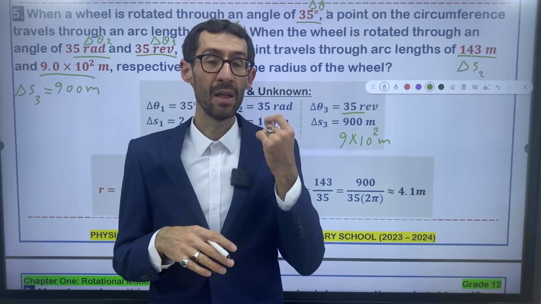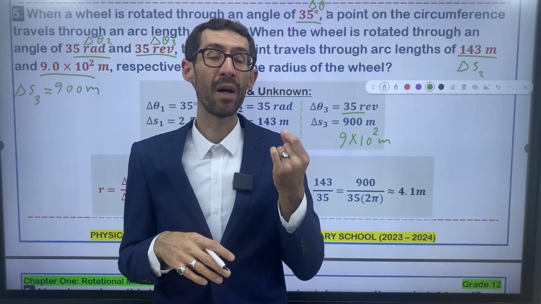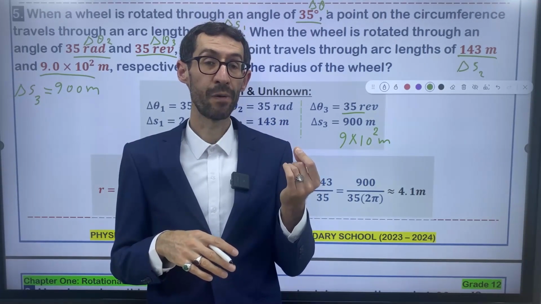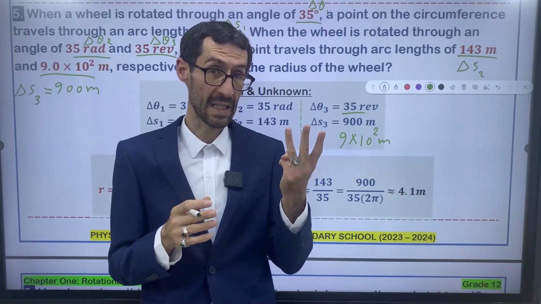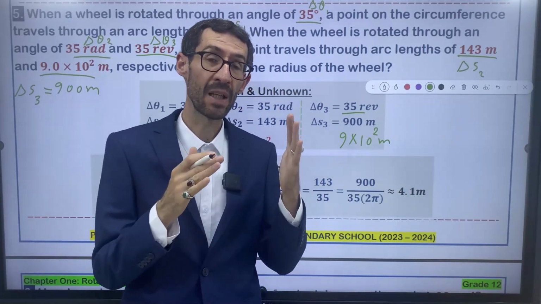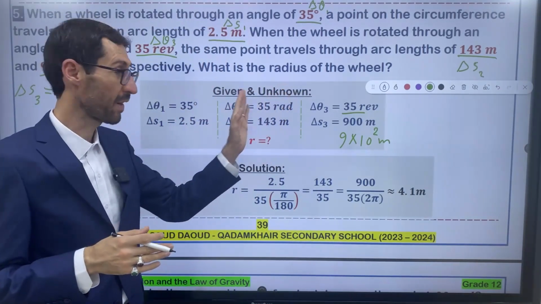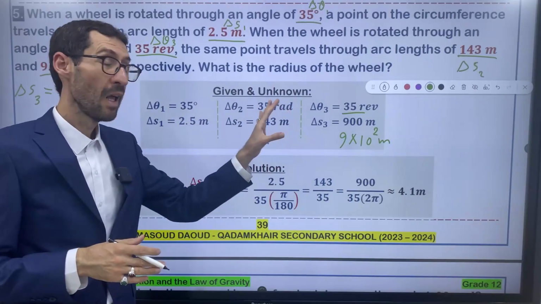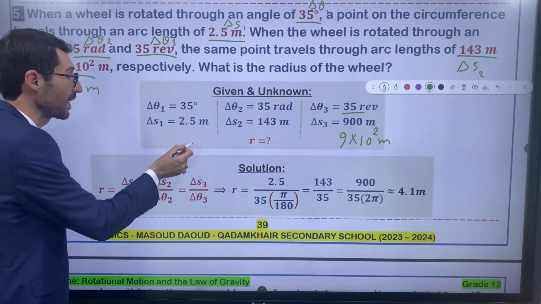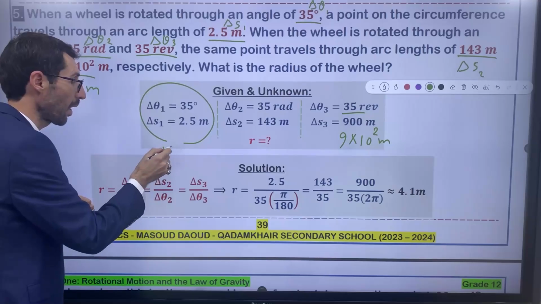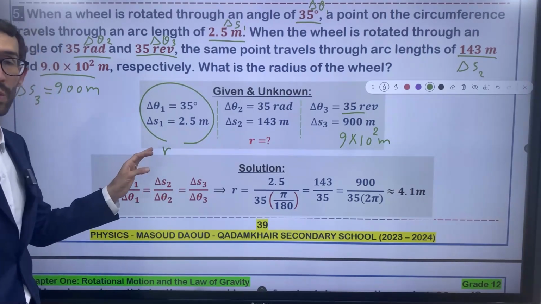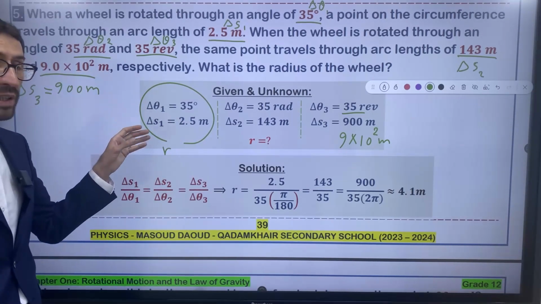So you get the same number for each case. We have three cases. We have three questions in one question. And for each case, for example, for this one, I want you to find R, right? You get a number, whatever number.